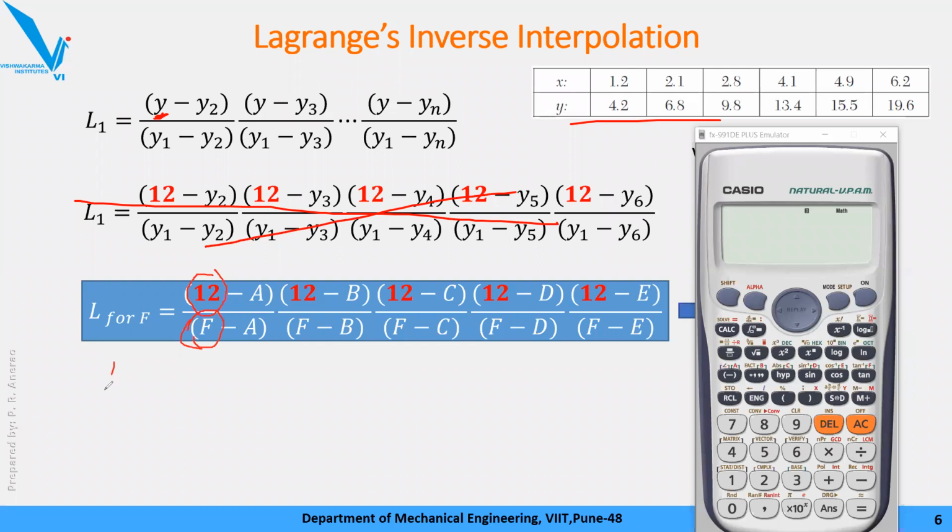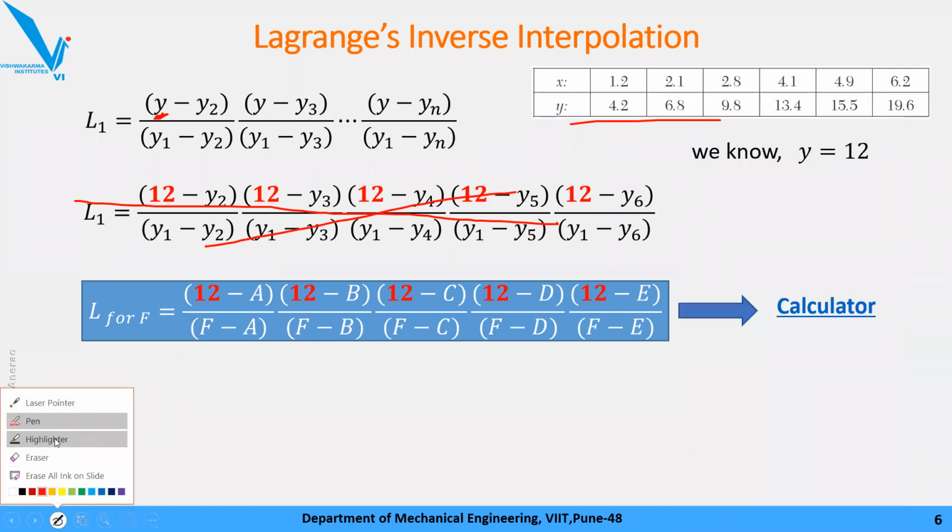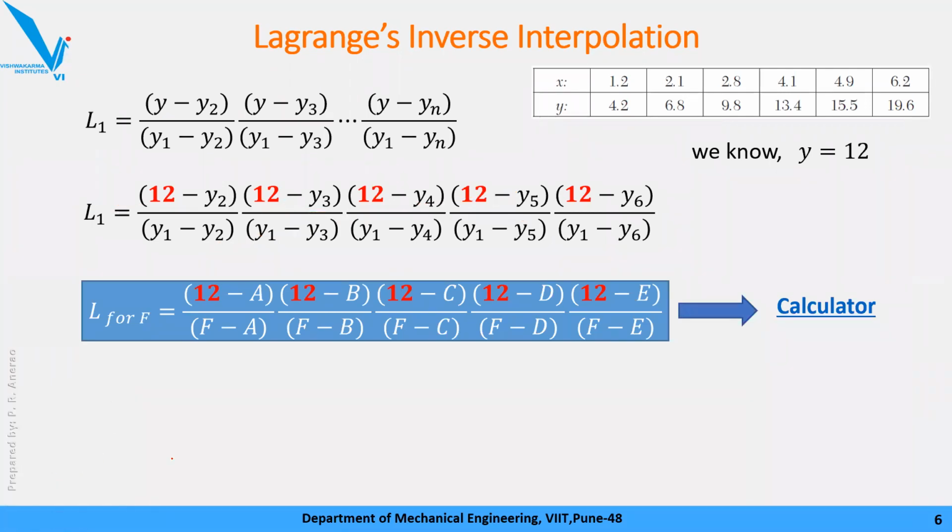Whenever I need to calculate L1, which corresponds to the first data point, I'll take this one as f, so this will be my value of f, 4.2, and the remaining values of y will be a, b, c, d and e. So I'll use this formula.